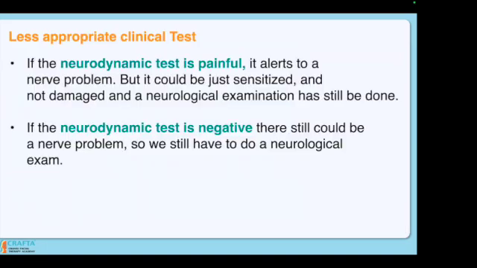Because if the neurodynamic test is painful, it alerts to a nerve problem, but it could also be just sensitized and not damaged. So we still have to do a neurological examination. And be aware, if we do a neurodynamic test and it is negative, there still could be, of course, a nerve problem. So we still have to do our neurological exam. So, less appropriate: palpation and neurodynamic testing.